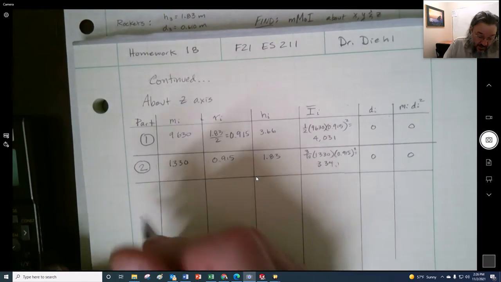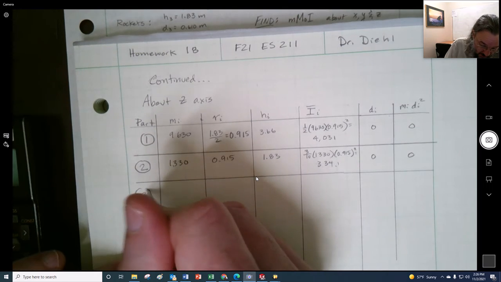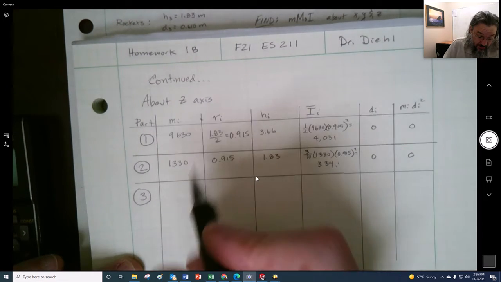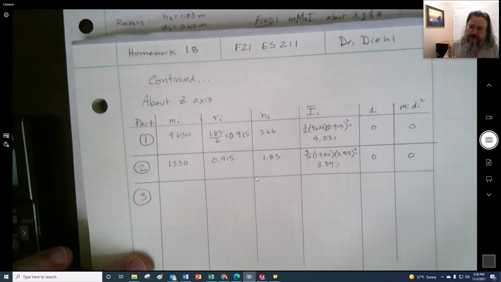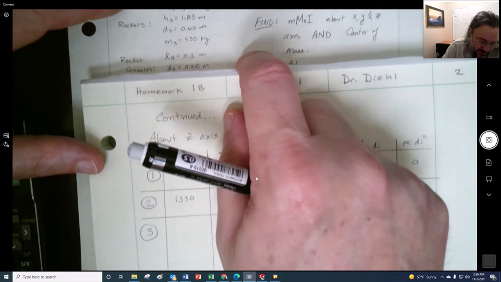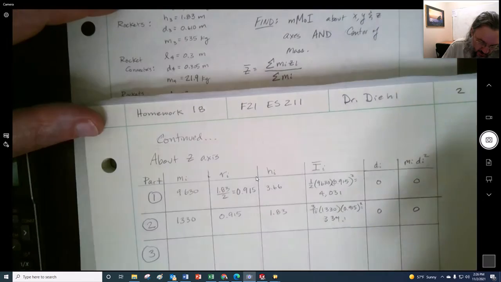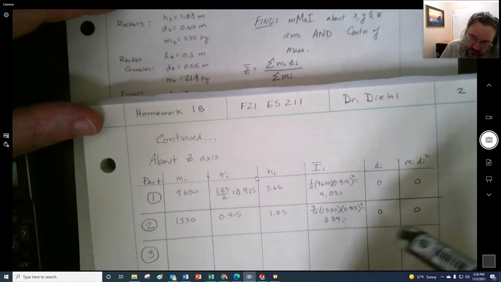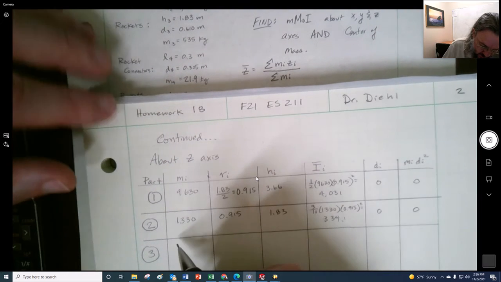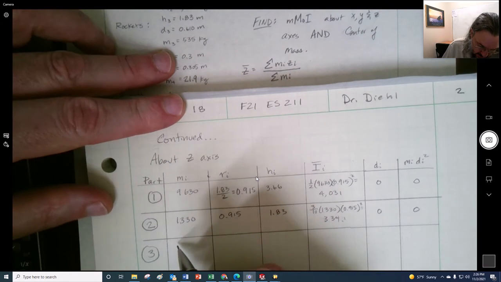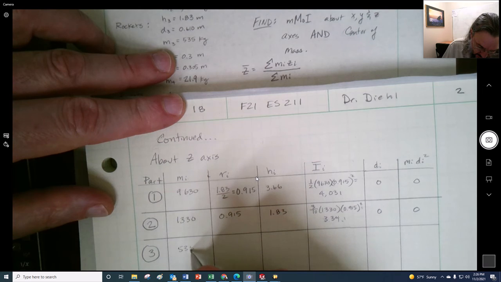Okay, so now here's where we are going to have to use these two right here. The best way to do this, I think, is individualized and then multiply by 3. Yeah, I think so. So I'm going to take the masses as 535.